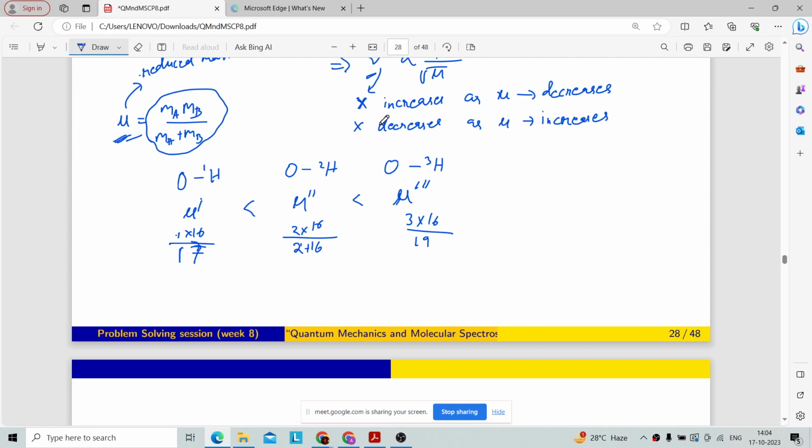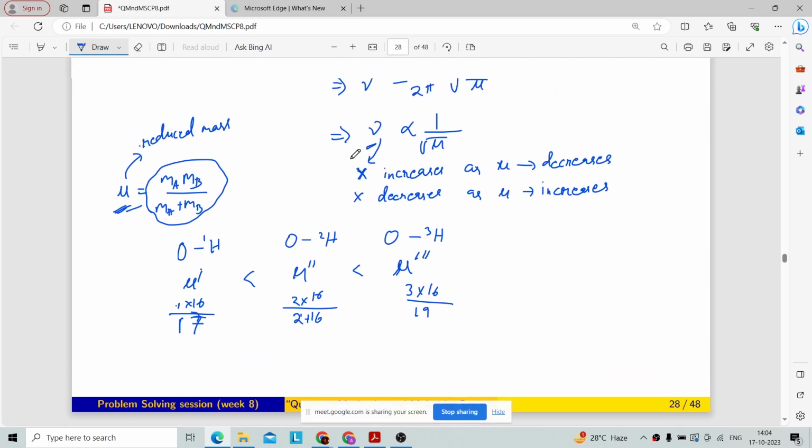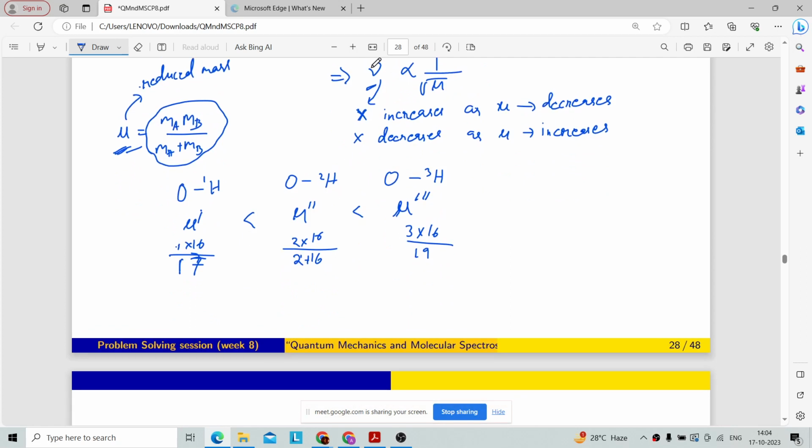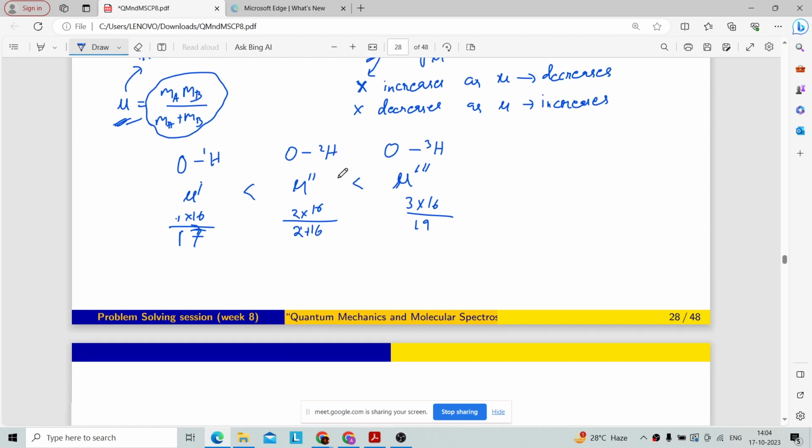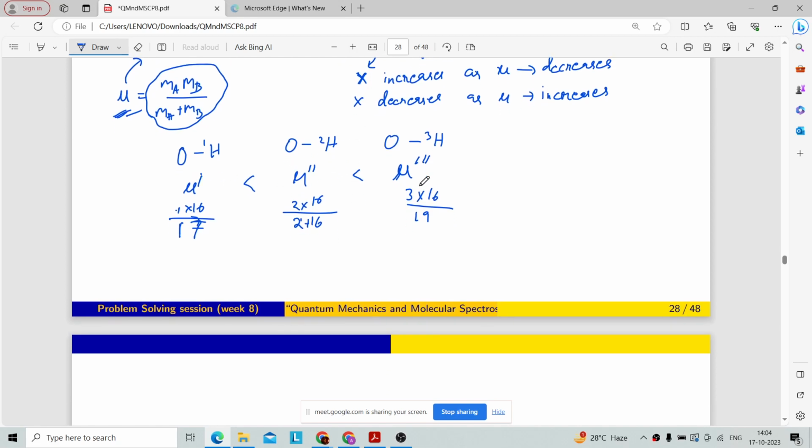So what will happen to the frequency? We saw the frequency is inversely proportional to the square root of reduced mass. So as reduced mass increases, frequency will decrease, right. So this is x1, x2, x3. What will happen? This will be more for smaller reduced mass, and this will be less for high reduced mass.